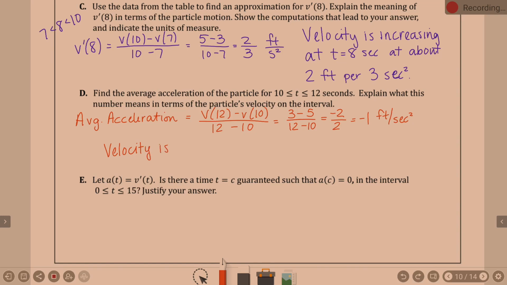So velocity is decreasing on average at a rate of, you can say it as 1 foot per second, because that's another way to write foot per second squared, or that is 1 foot per second squared. Okay?